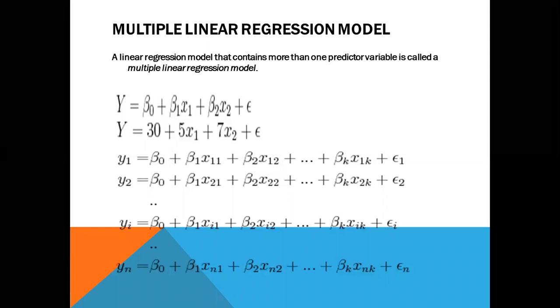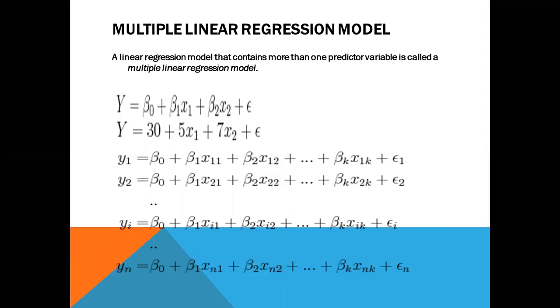Similarly, yi equals b0 plus b1xi1 plus b2xi2 plus b3xi3 and so on till bk, sorry, it's multiplication not addition.